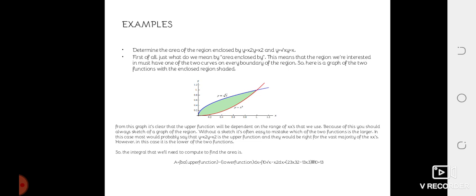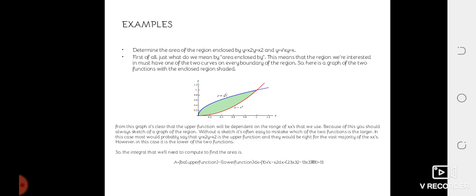From this graph, it's clear that the upper function will be dependent on the range of x that we use. Because of this, you should always sketch a graph of the region. Without a sketch, it's often easy to mistake which of the two functions is the larger.